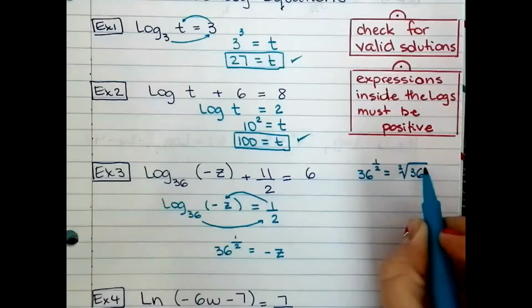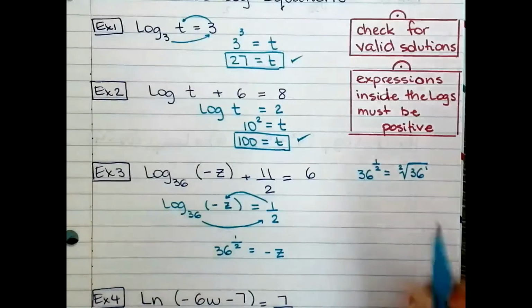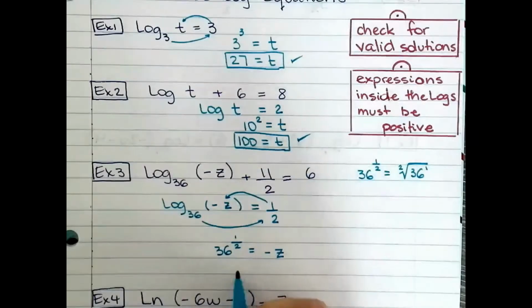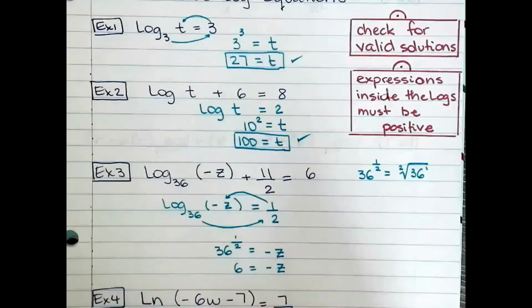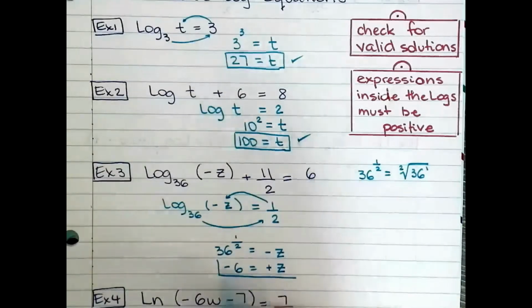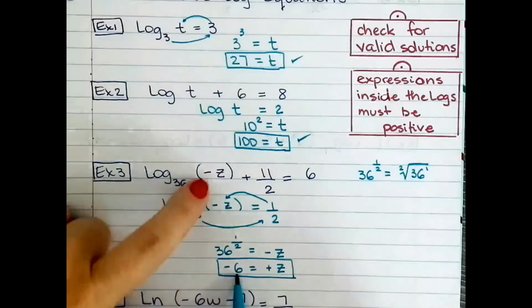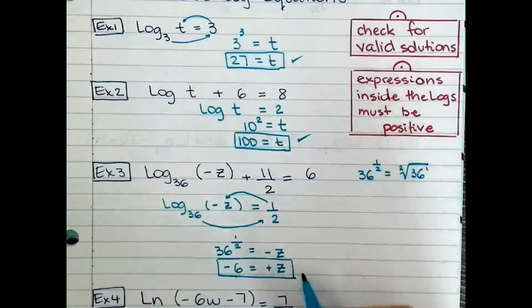The numerator is the exponent. So the square root of 36 is 6 equals negative z. Then divide by negative 1. That gives you negative 6 equals z. Go ahead and check. Negative z, with z as negative 6, makes positive 6. That makes this argument positive. So you're good right there.